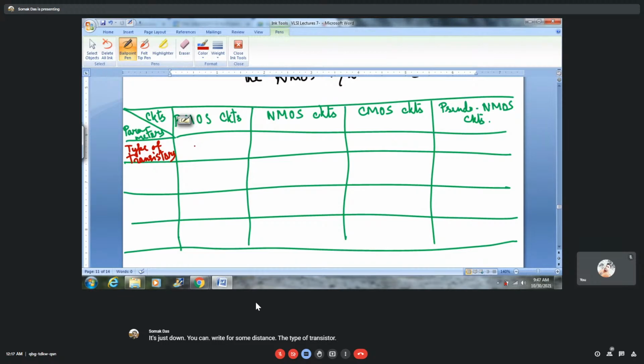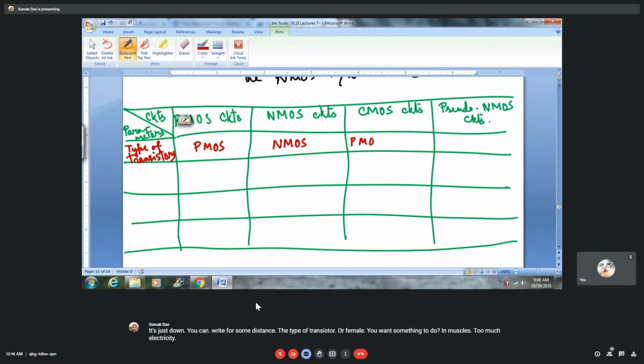For CMOS circuit, it is CMOS transistor. For NMOS circuit, it is NMOS transistor. For pseudo NMOS circuit, it is CMOS and NMOS transistor.